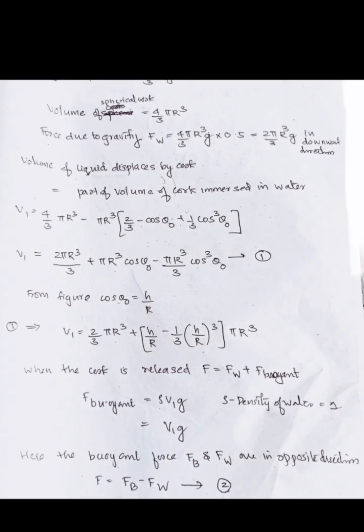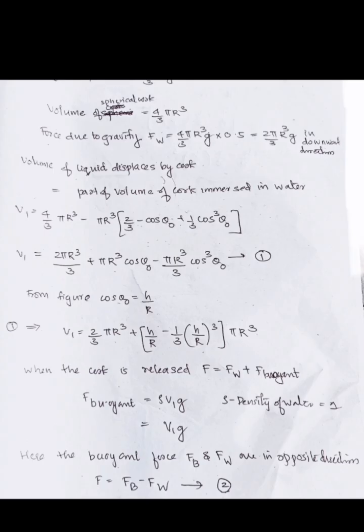So by Archimedes principle, the volume of the liquid displaced by the cork is equal to the part of the volume of the cork immersed in water. So let the volume of the liquid displaced by the cork be V1, and the volume of the cork immersed in water is 4 by 3 pi r cube minus pi r cube into 2 by 3 minus cos theta 0 plus 1 by 3 cos cube theta 0.